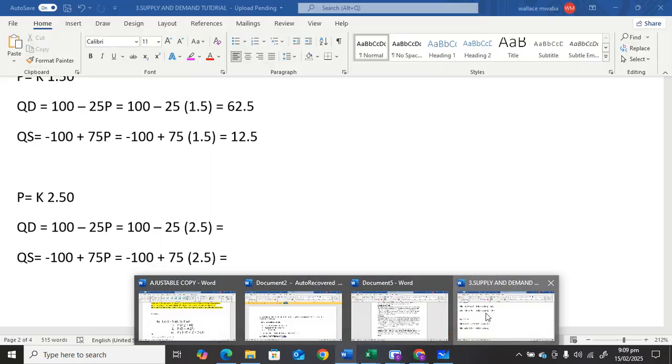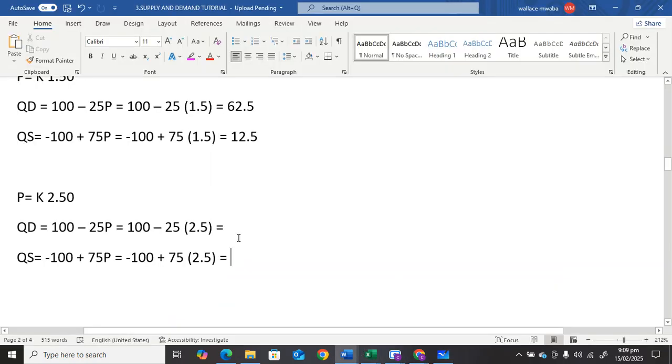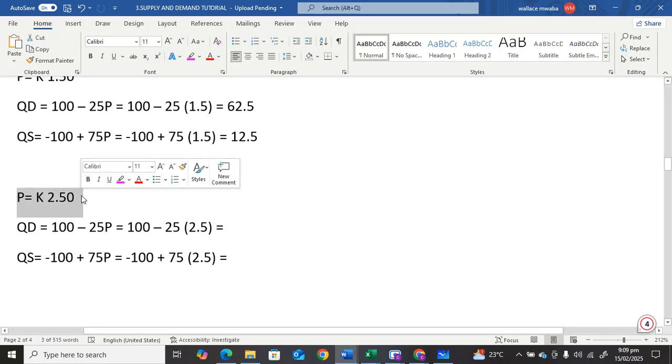Okay. I was saying, what are our new values here when you substitute 2.5 in the functions?